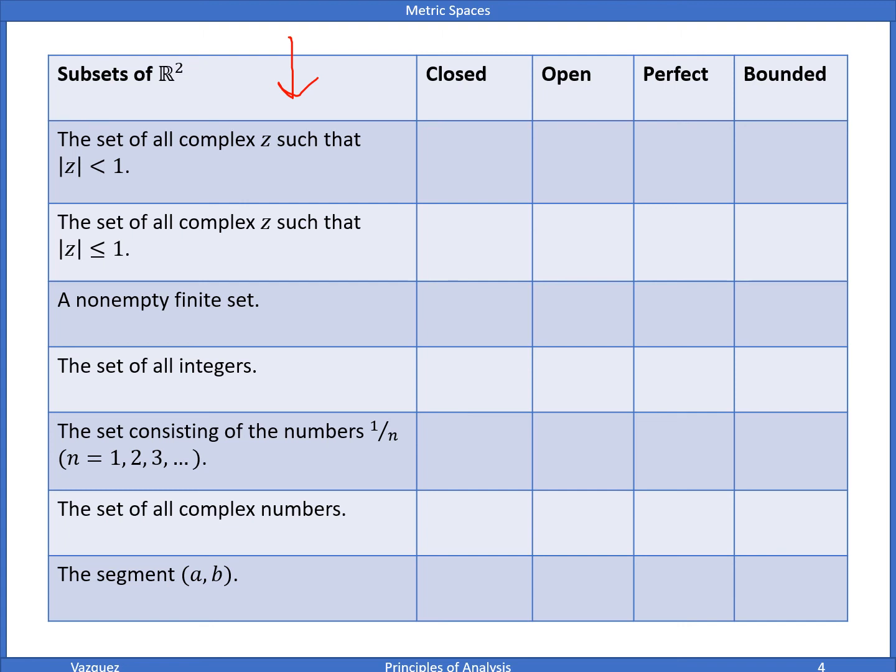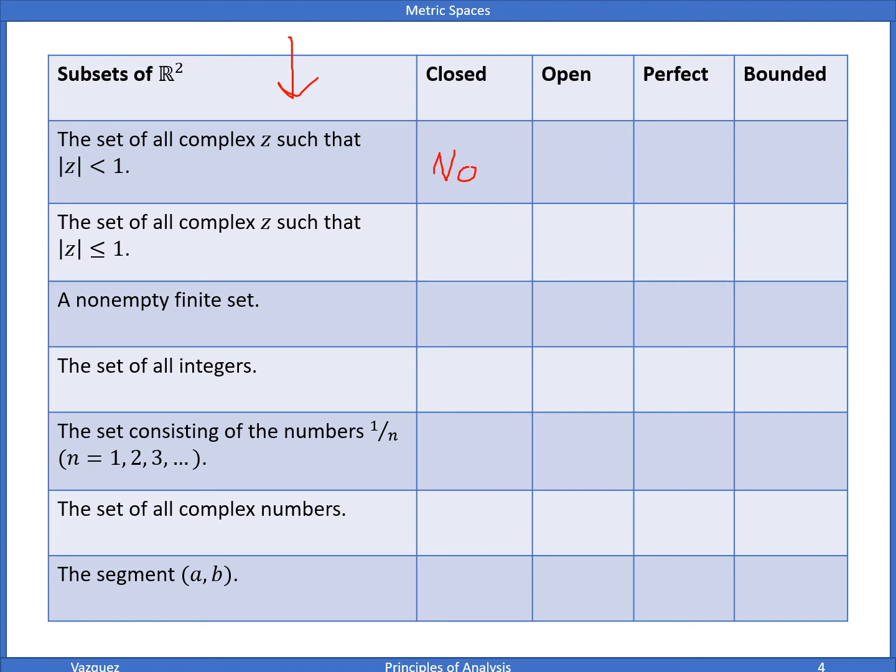So the set of all complex Z such that absolute value of Z is less than 1, is that closed? Well, no. The boundary of that set would be limit points, and it's not contained in the set, so it's not closed.